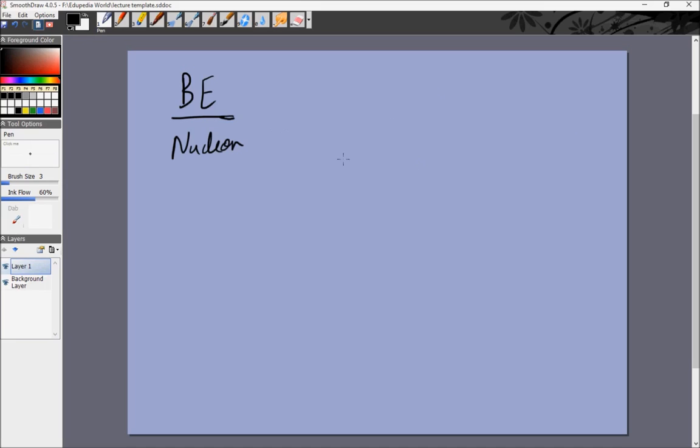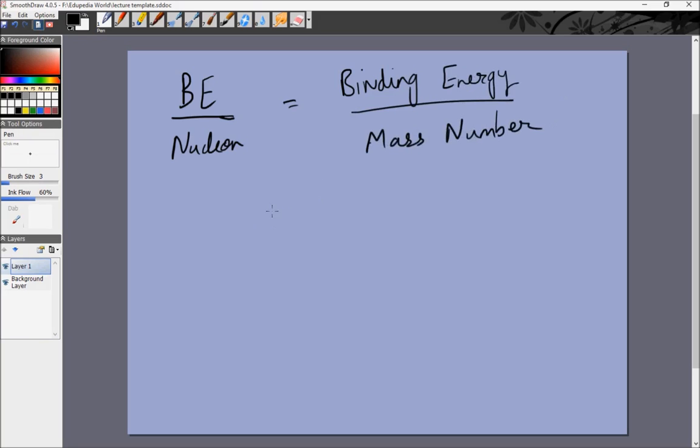Right. So binding energy per nucleon is the most important thing, and it is equal to binding energy per mass number. For example, if there are two nuclei, let's say one is 16X8, and the other nucleus is 32X16, then if this has a binding energy of, let's say, 5 units, and this has a binding energy of 10 units, it means these two have the exact same stability.